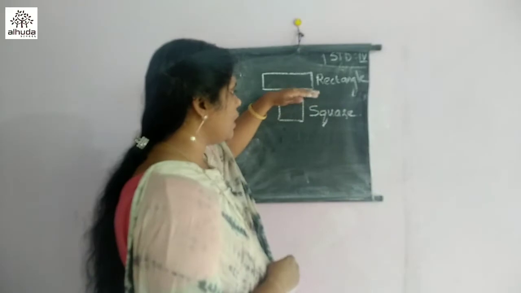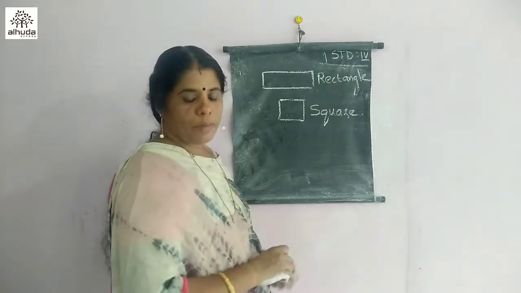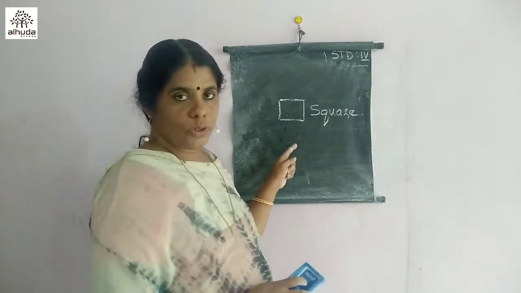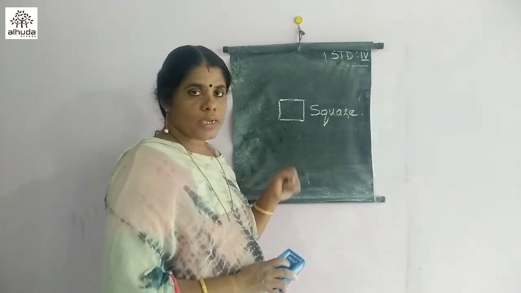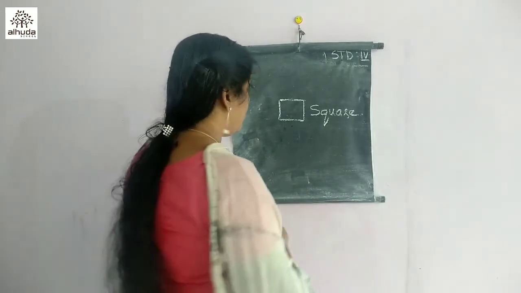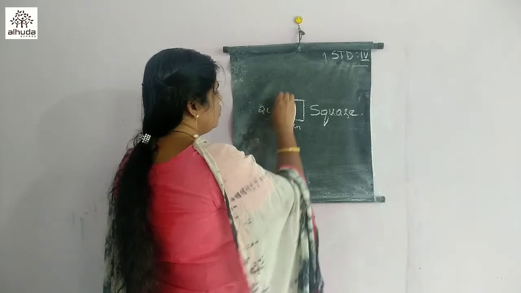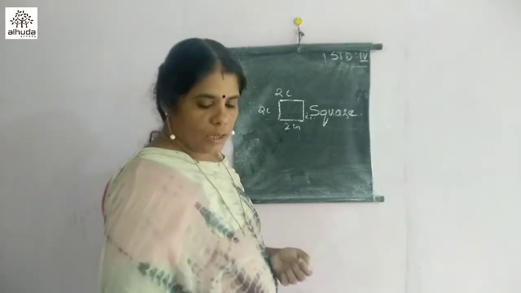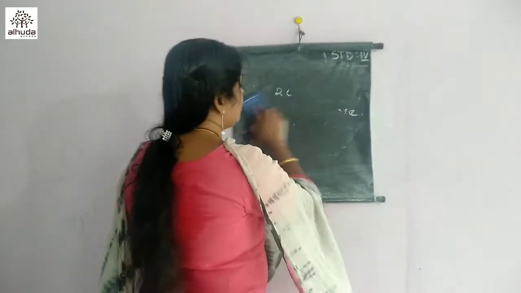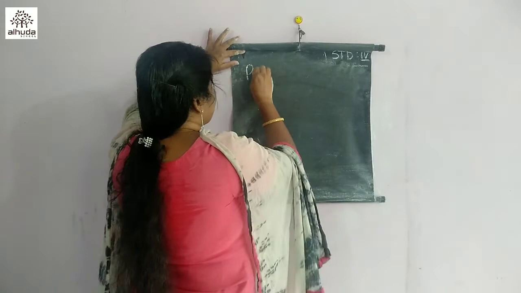Now, we learned the perimeter of a rectangle. Now we are going to learn about the perimeter of a square. As I told you, the sides of a square are equal. So if here it is 2 centimeter, then here also 2, here also 2, and here also 2. 4 sides are equal. Then the equation will come like this.